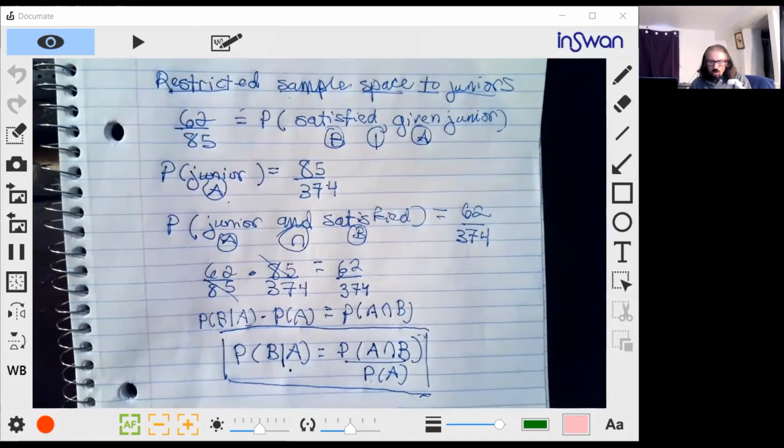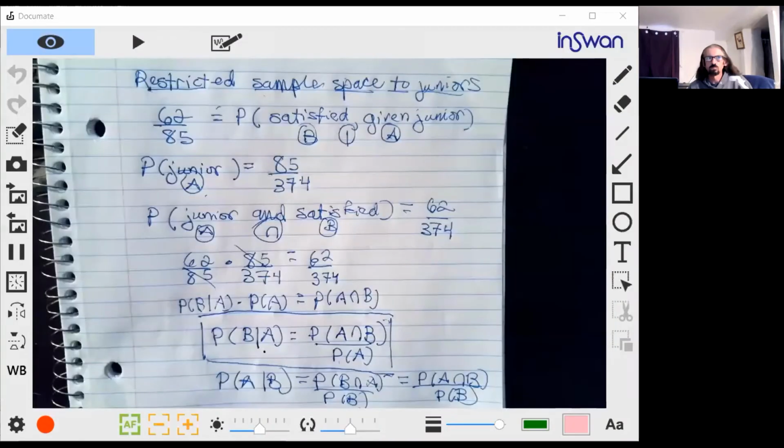Also notice that the order of intersection does not matter. A intersect B is the same as B intersect A. Again, the order of intersection does not matter. However, if I swapped A and B here and here and here, then I would come up with the probability of A given B is equal to this.